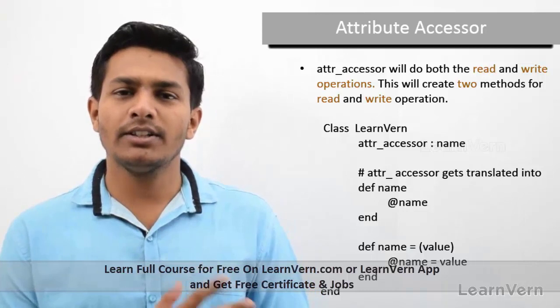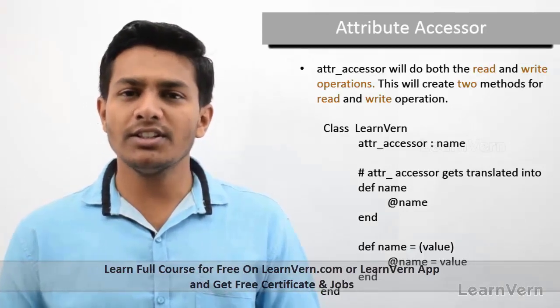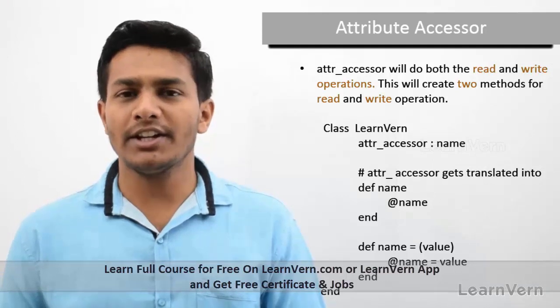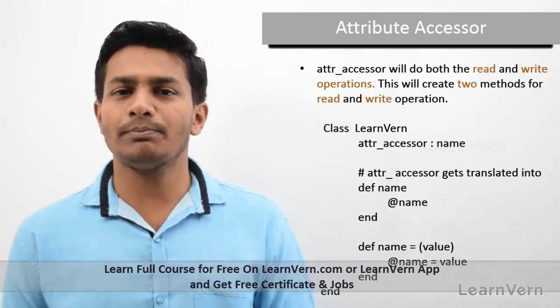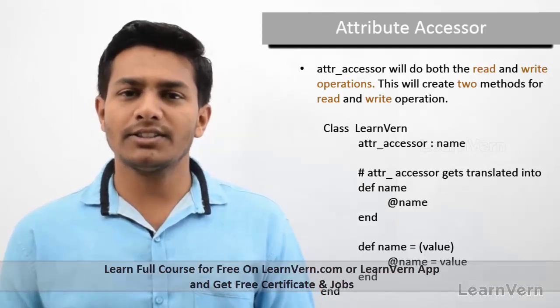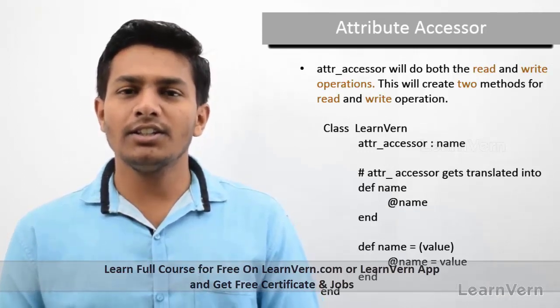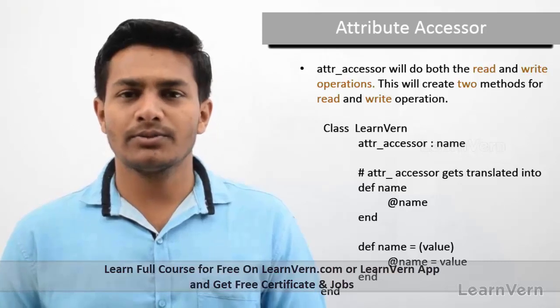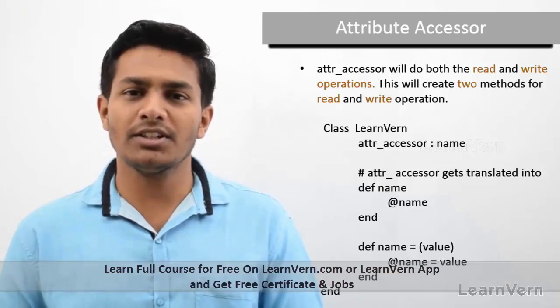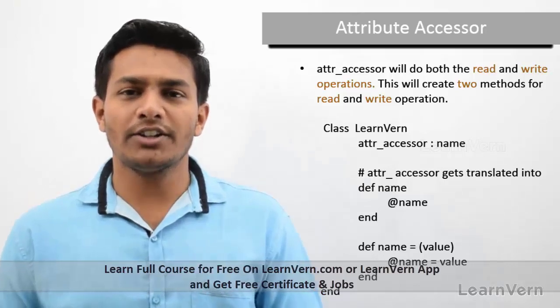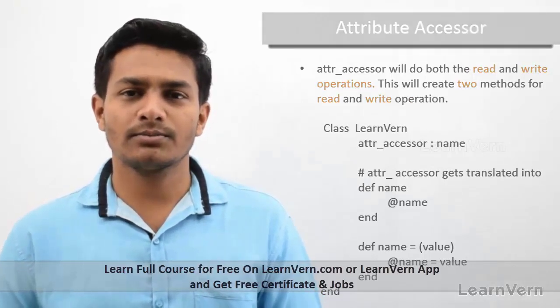The first method is used for reading the value of my instance variable, same as attribute reader that we have seen in previous slides. And the second method definition that it will create is of attribute writer that we have seen just a few minutes ago. So this is how attribute accessor works.